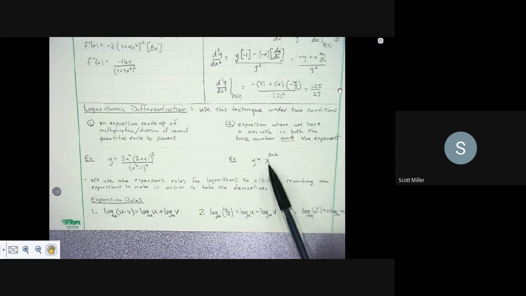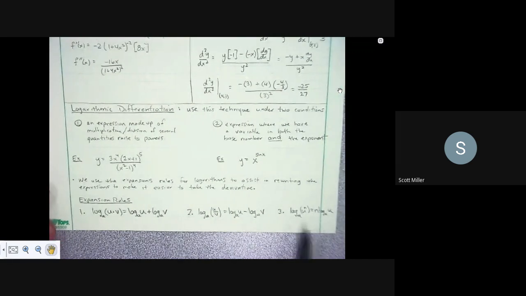There is an x in the base, and there is an x in the exponent. These expressions can be anything, like sine of x raised to the x. There are so many things you can do. You need to use the expansion rules of logs. So what we're going to do is take the log of both sides and then use the expansion rules to simplify our work.